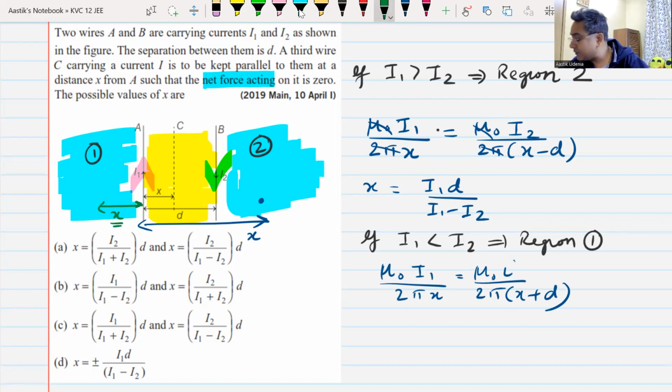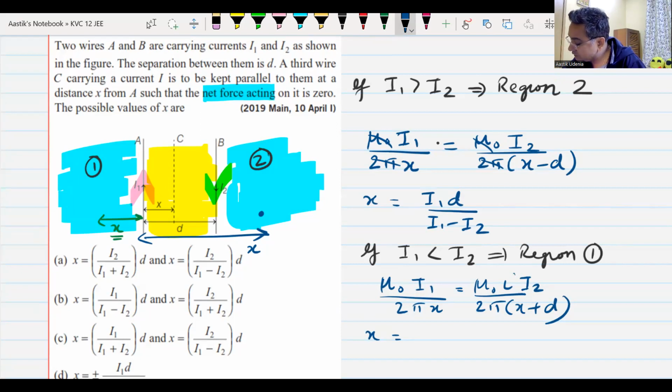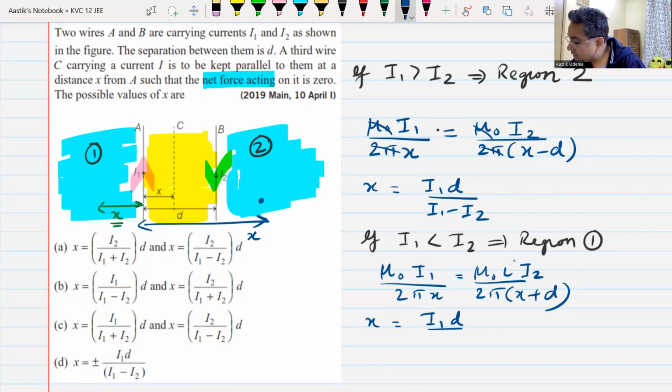Are we able to understand this? Yes, sir. What is the answer we are getting? I think in that case you are going to get I1 into d upon I2 minus I1. Yes or no?